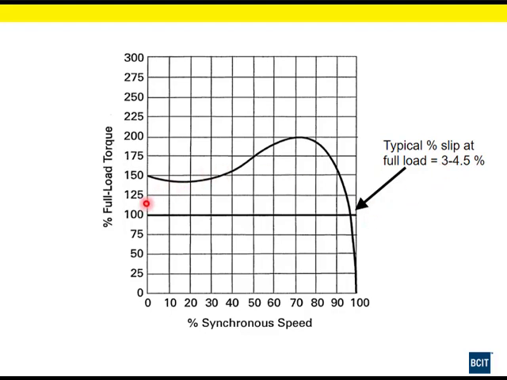But what we need to notice over here at this side is at 0 RPM, now we have that inrush current and that high current in our rotor. At 0 RPM, those two high currents are going to cause our torque to be 150% of our full load torque.